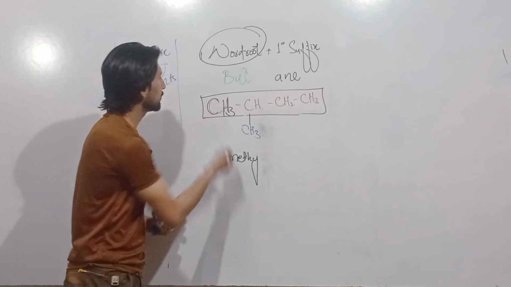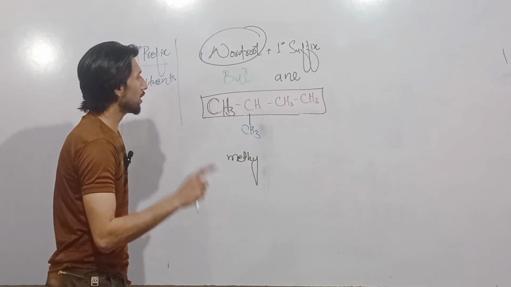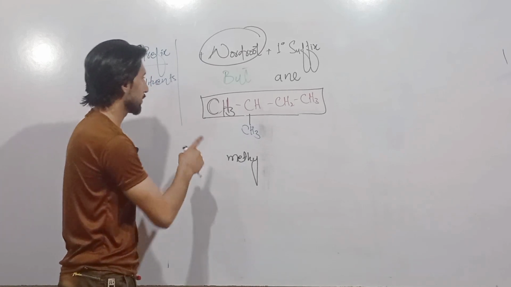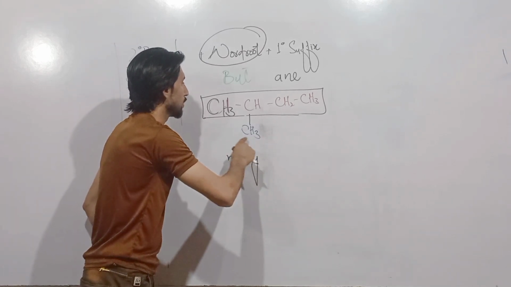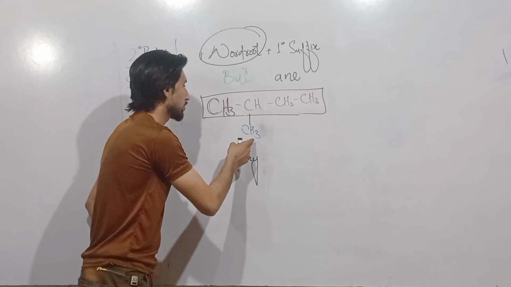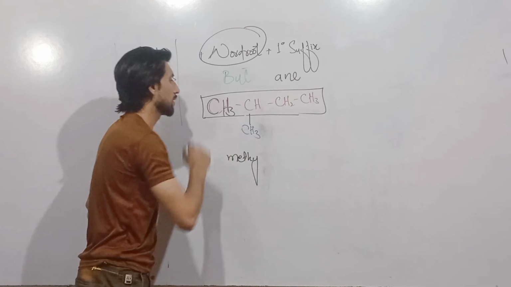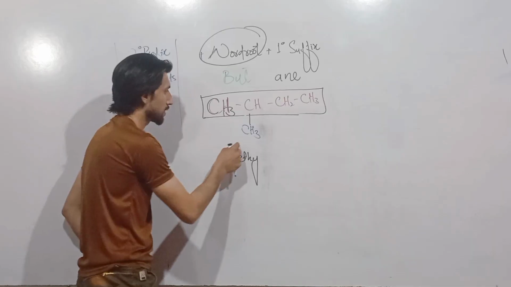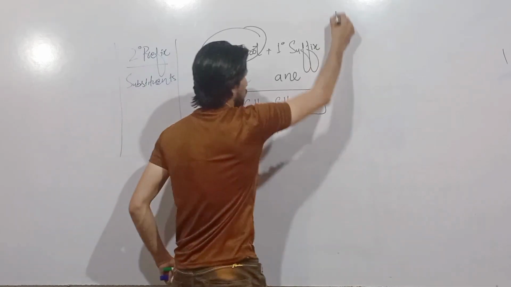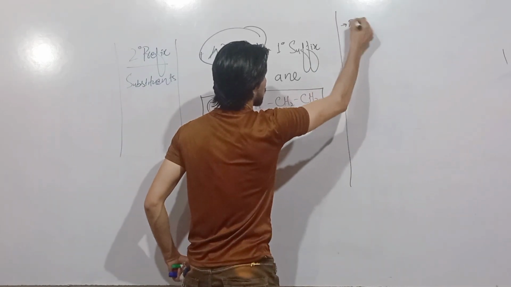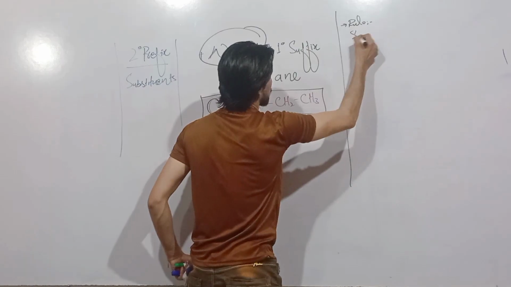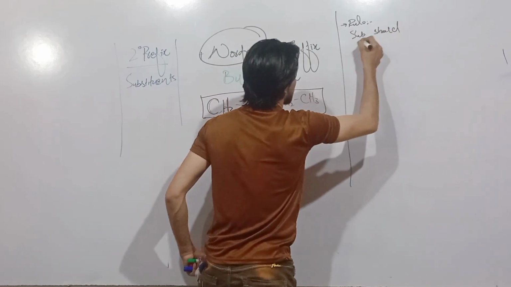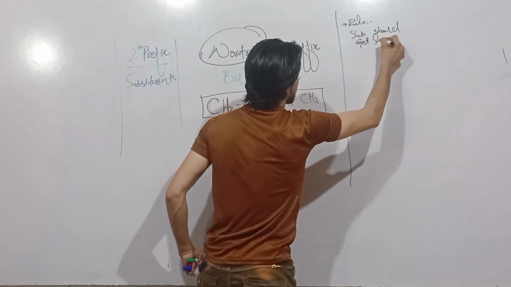So how can I number the carbon atoms? IUPAC tells me that you should number the carbon atoms in your main chain from the side on which your substituent gets the lowest number. So numbering should be done from the side in which the substituent gets a lower number.